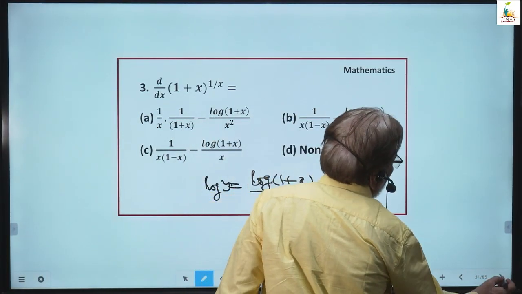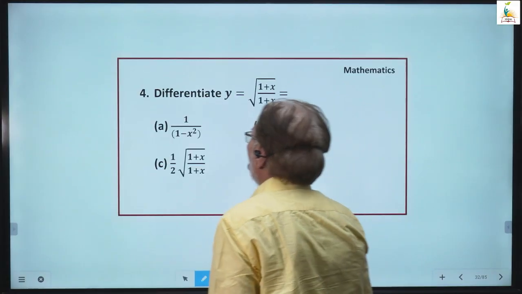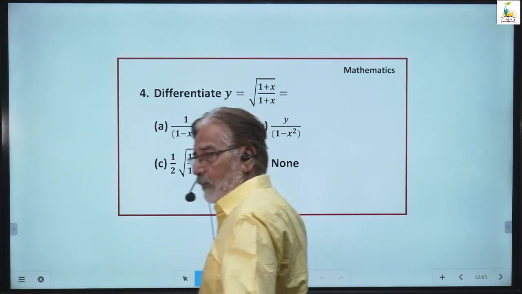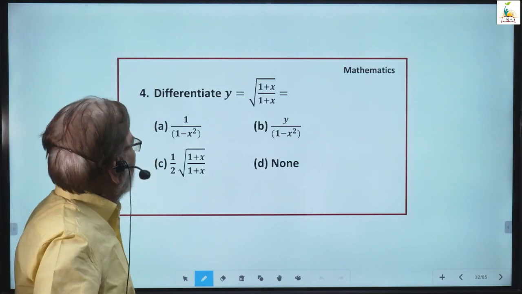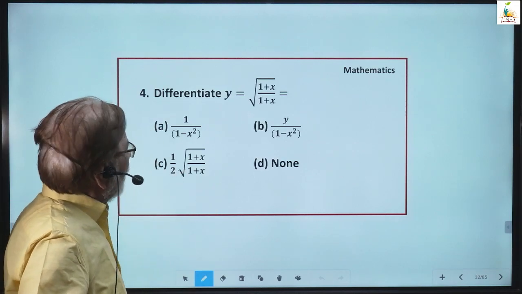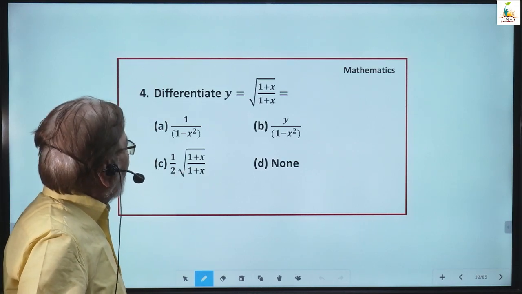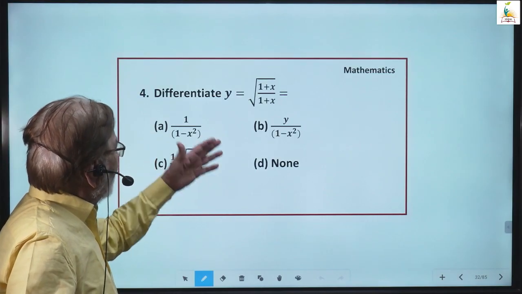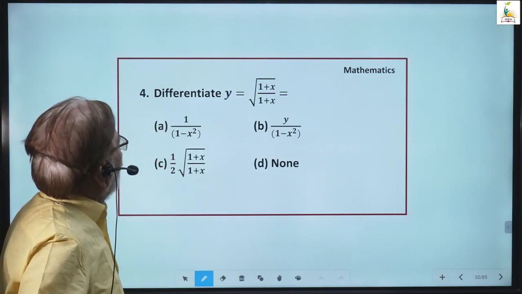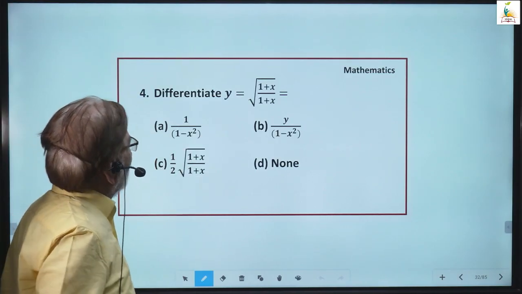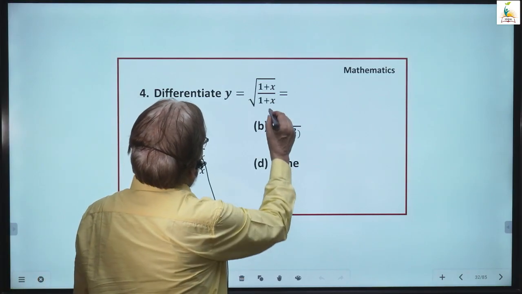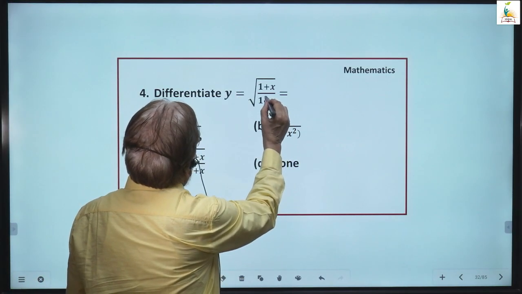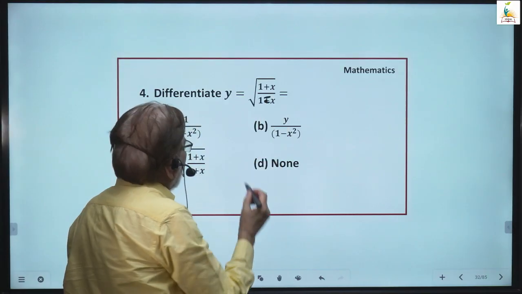Next is, differentiate y equal to under root of (1 minus x) upon (1 plus x). Now, this question can be done in two ways. Either you put y square equal to (1 plus x) upon (1 minus x), or you take log of both sides.